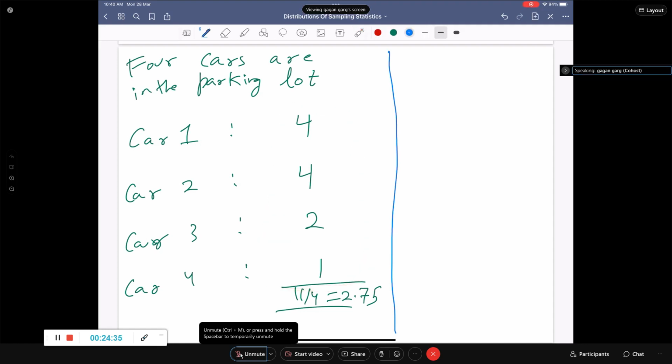So if you were to ask person one, how many people were in your car, he will say four. Person two will say four. Person three will say four. Person four will say four. These four people came in car one. Then you ask people in car two, they will all say four.